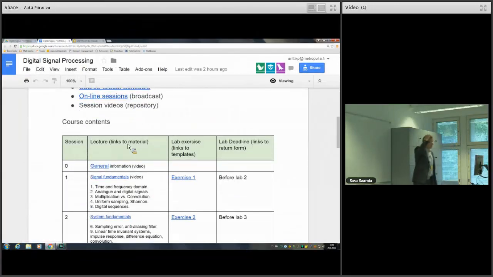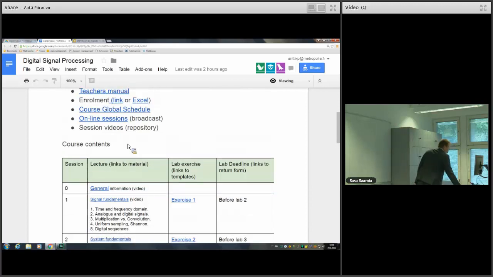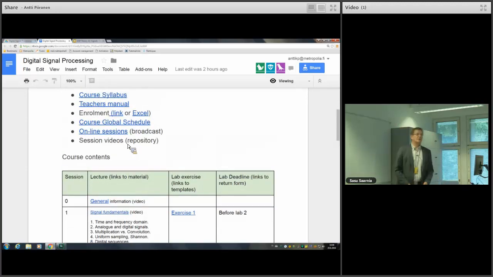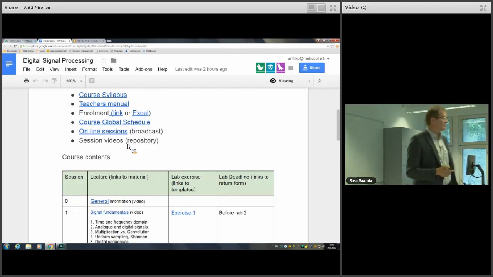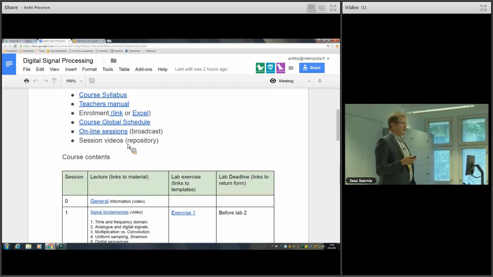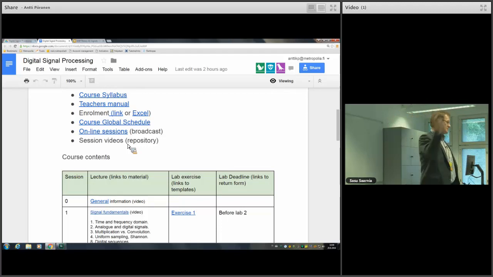So today we basically go through, oh yeah, there are some other links also there. For example, there's also an enrollment link. Don't worry about that. Metropolia students have already enrolled, or I will enroll based on the information in that sheet using Vinha. That's mostly for the outside students, our partner students.